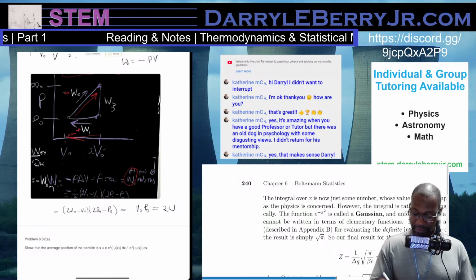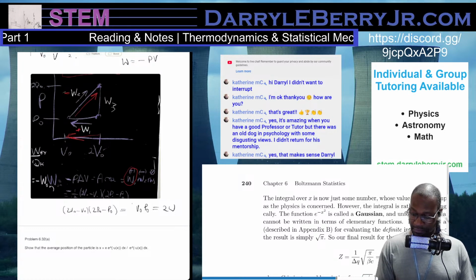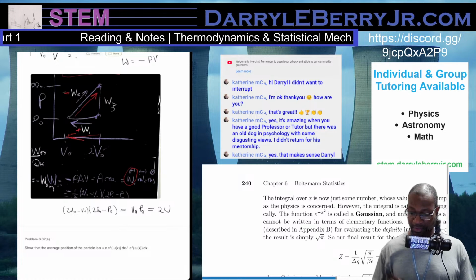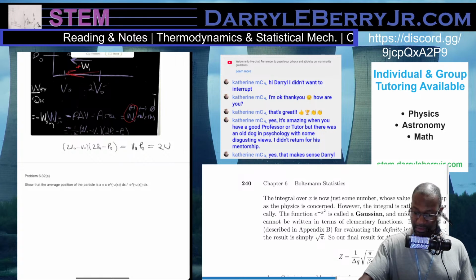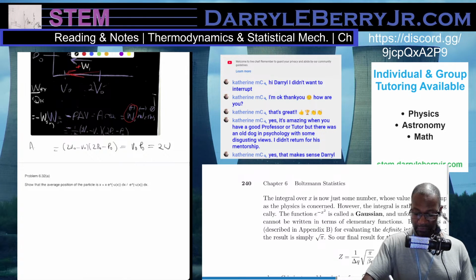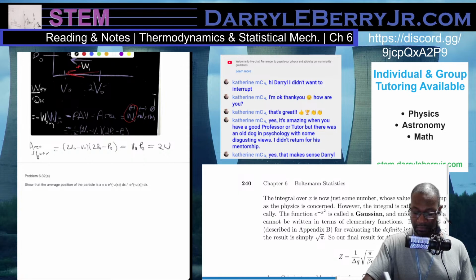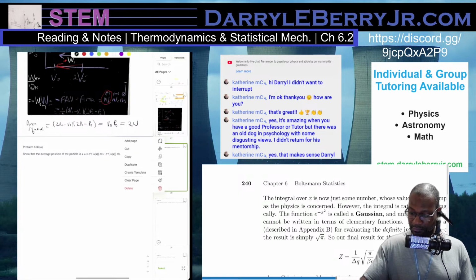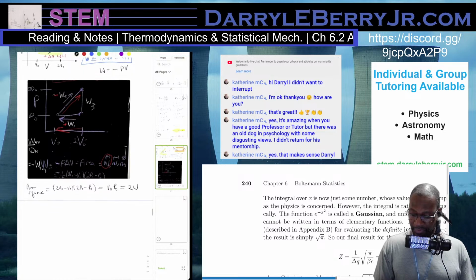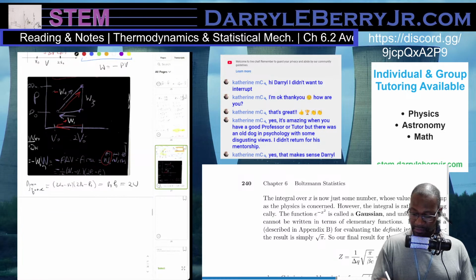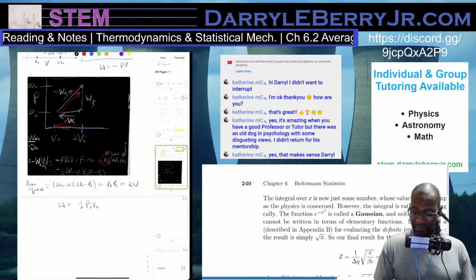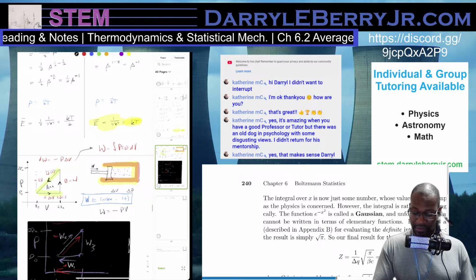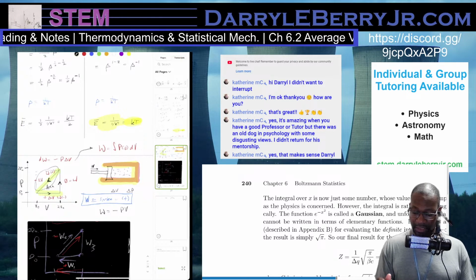So twice the work is the area of that triangle, because the triangle is actually only half the square. If I take the whole thing, that's twice the work. So twice the work is the area of the square. So now we can say work equals 1/2 P naught V naught, and is positive because this dominates the interaction.